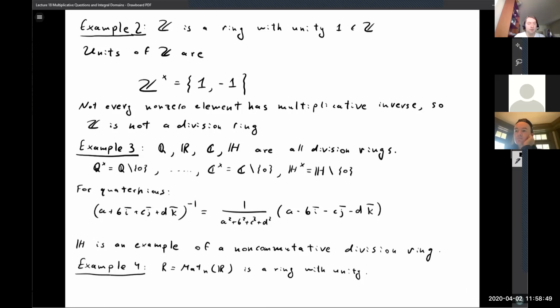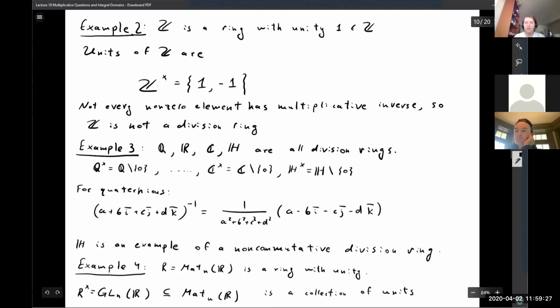Then if we look at n by n matrices with non-zero determinant, this subset is actually GL n R. That will be precisely the subset of units, the collection of units.